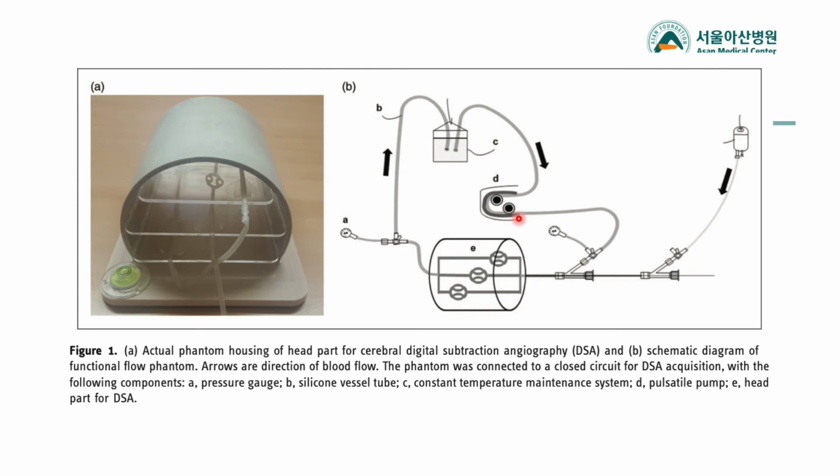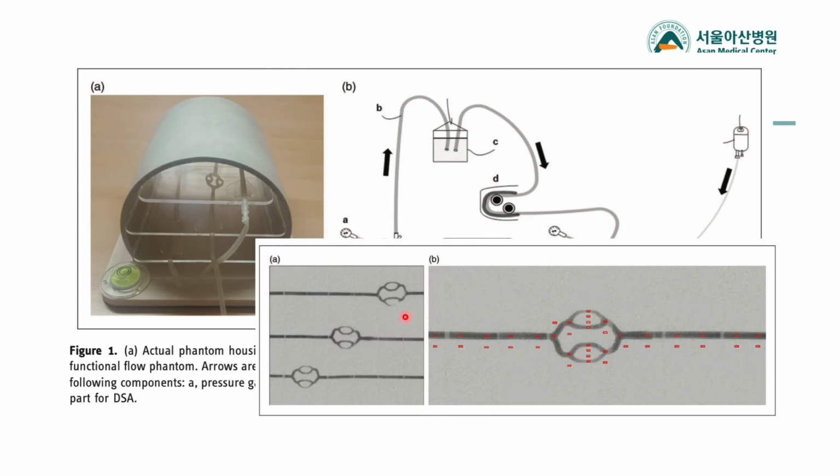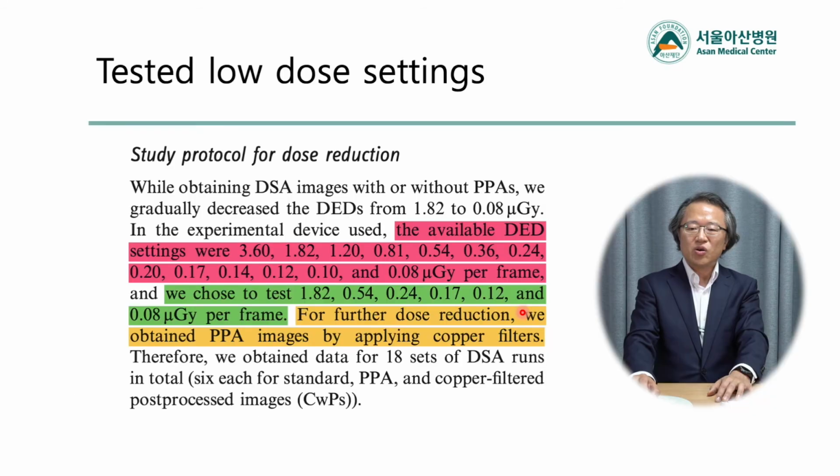After setting a closed circuit, we could inject contrast media, and the radiography was obtained like this, measured the density like this. On our angiography machine, available detector entrance dose settings ranged from 3.6 to 0.08 microgray per frame.